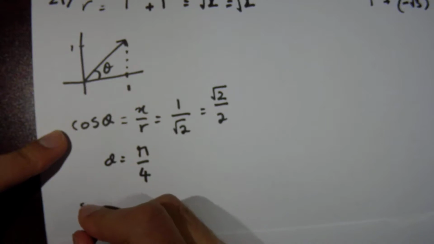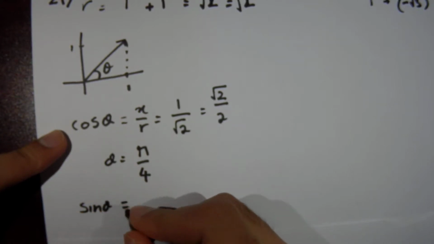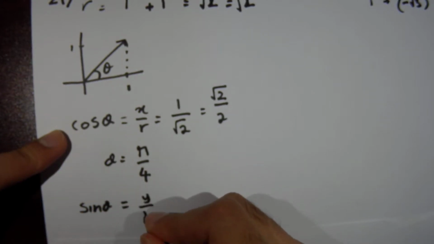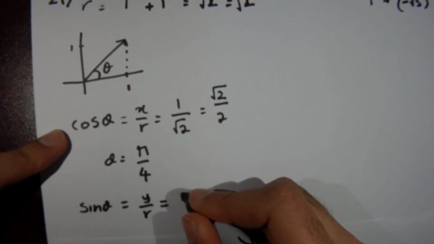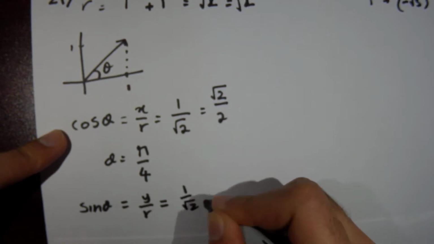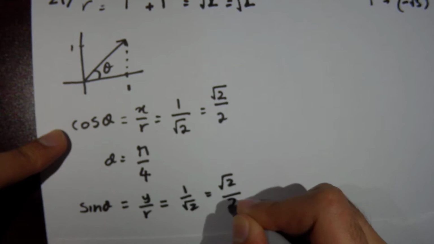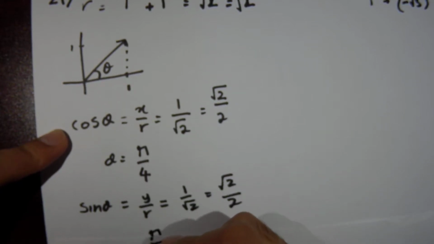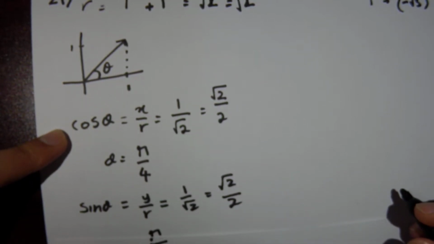We do the same with sine, and since we have a very simple angle this time around, we get the same angle for sine, which is pi over 4. On to the angle for z2 now.